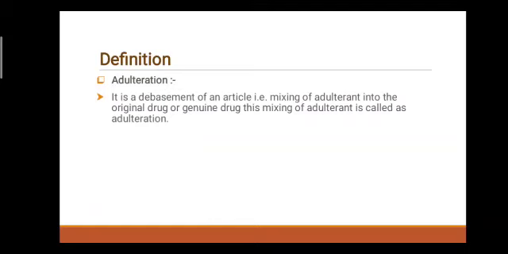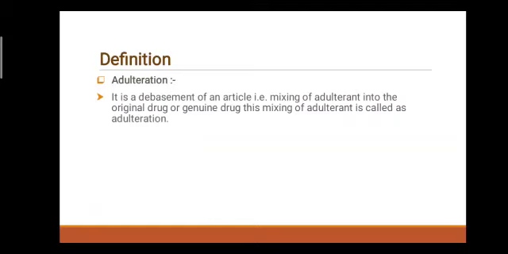Firstly, we will discuss definition. First definition, adulteration. It is a debasement of an article, that is mixing of adulterant into the original drug or genuine drugs.